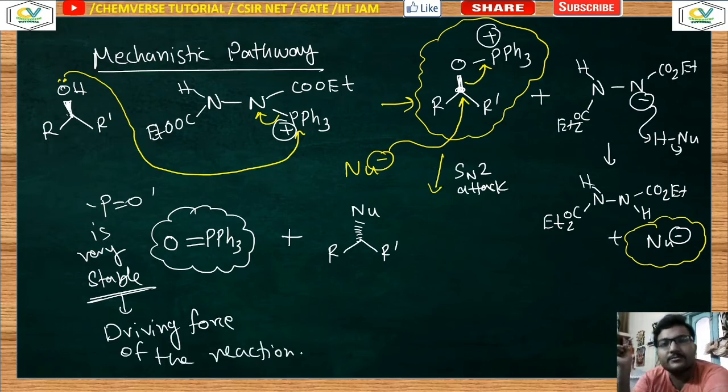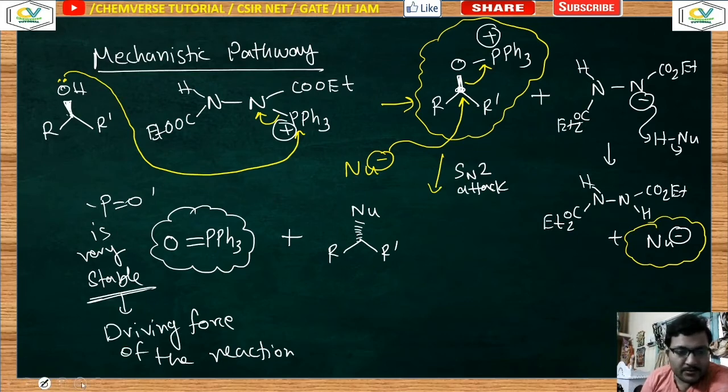It is the driving force of the reaction. So what will happen? Initially the alcohol was in the above position. Now the nucleophile is present in the below position. Once you understand this, now we will discuss some utility of this reaction.